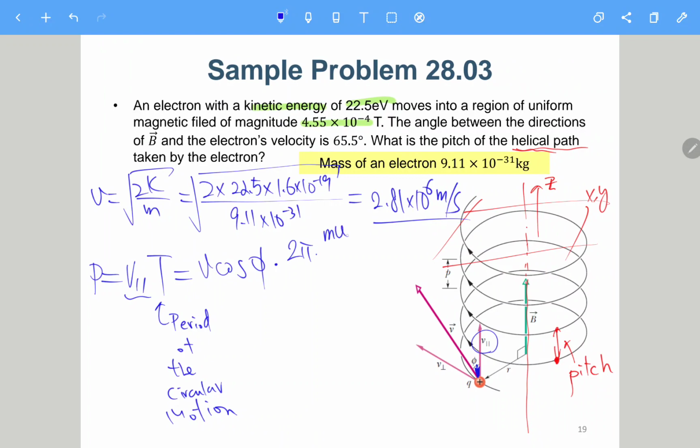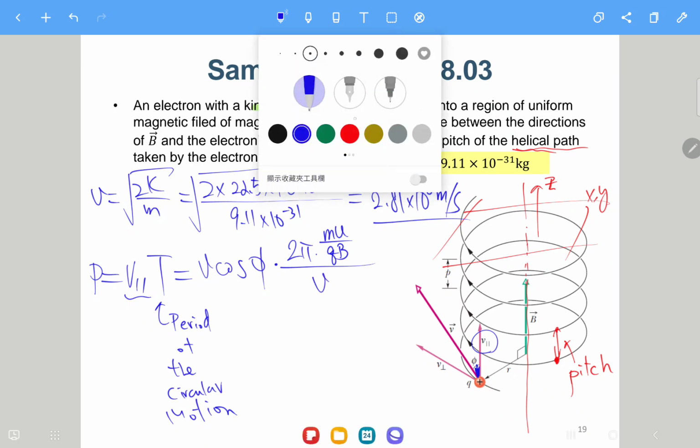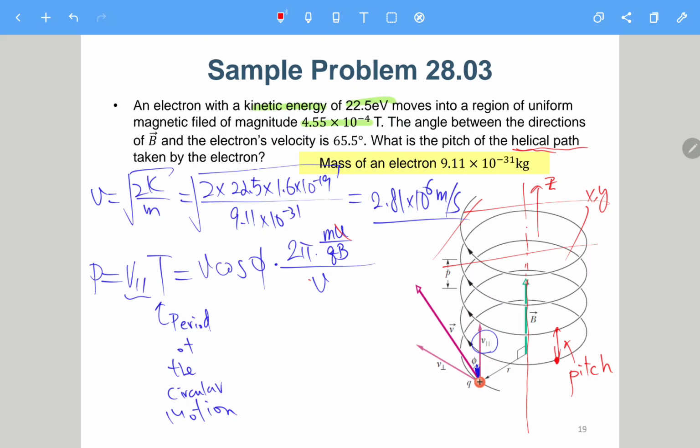So we have mv over qb, and then over v. Here we can cancel this v and this v. So it makes it 2 pi m over qb.